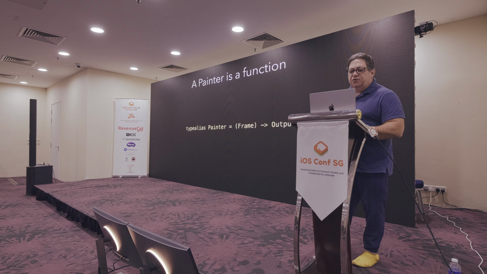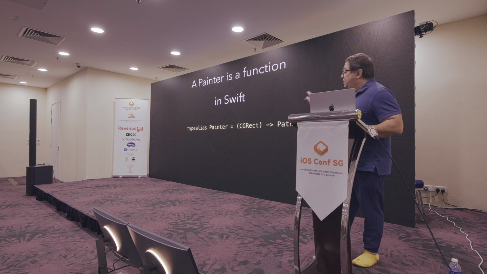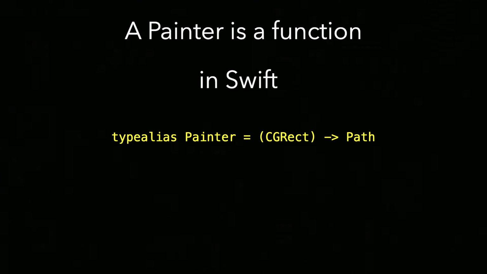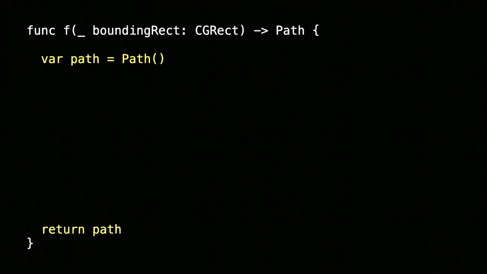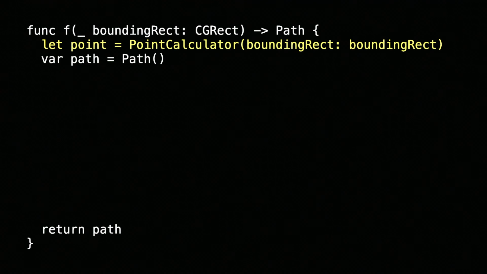And so a painter is a function, and what we just said is in Swift, I want it to take a CGRect and return a path. And so that's what I'm using for my painter. And so if you tell me where I'm supposed to paint inside of these lines, then I'm going to create a path. And so I have this thing that makes it easier.